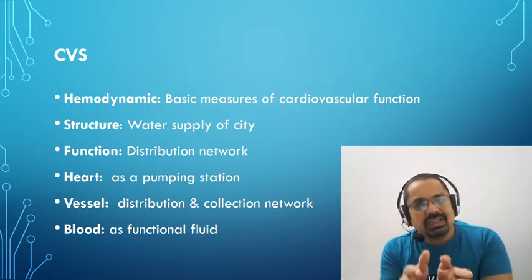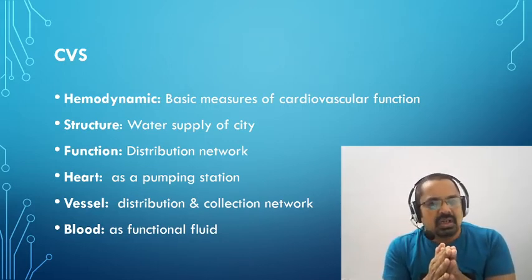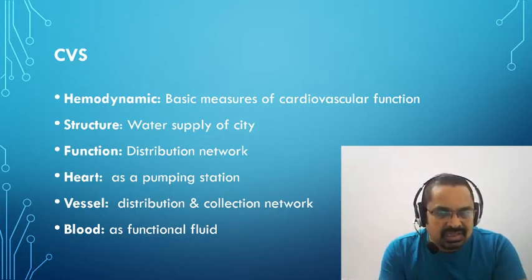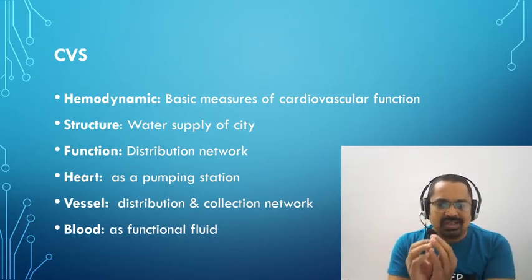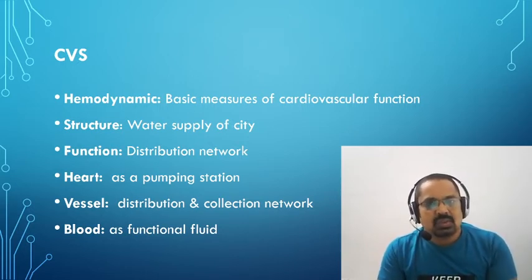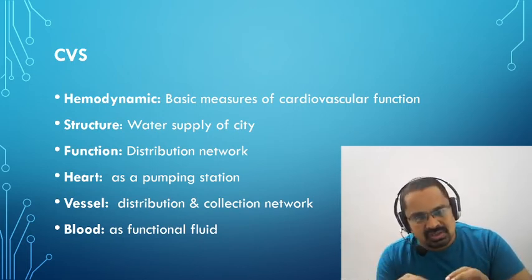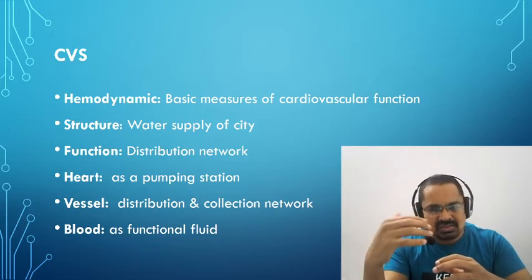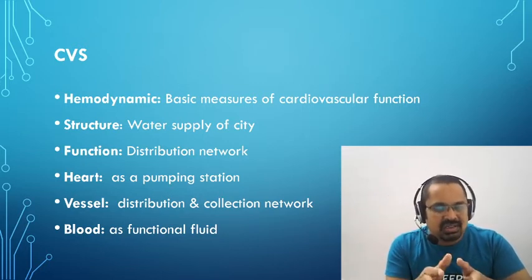Similarly in our body, the cardiovascular system is arranged. There is one central part, the pumping station, which we call the heart, which distributes the blood to the aorta, one going towards the upper part and the second towards the lower part.